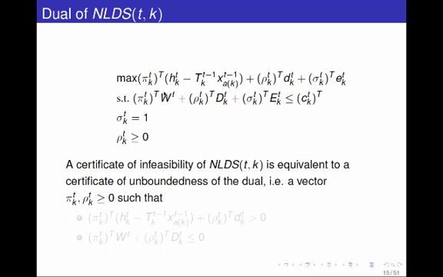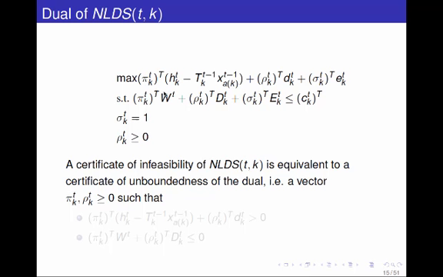At the same time, this direction has to be improving. So if this is the cost vector, cost transpose the direction has to be negative. Okay, this is a way to verify unboundedness.